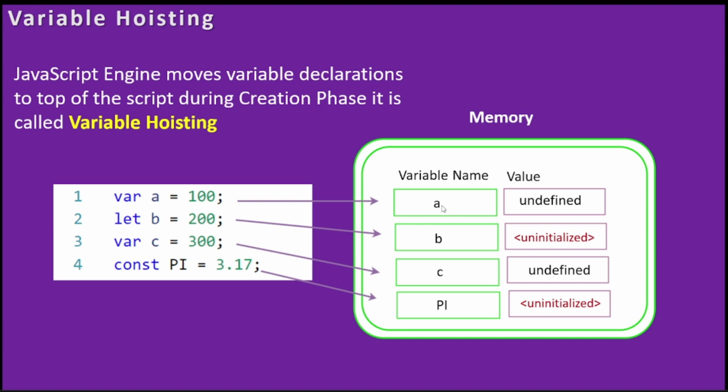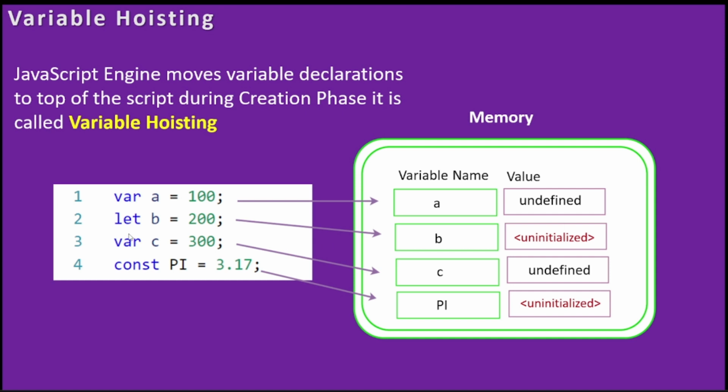Here it has created a reference in your memory during the declaration itself. But in the creation phase, it will assign a default value to it. With var declarations, whatever variables you declared with var, the JavaScript engine assigns a default value called undefined.